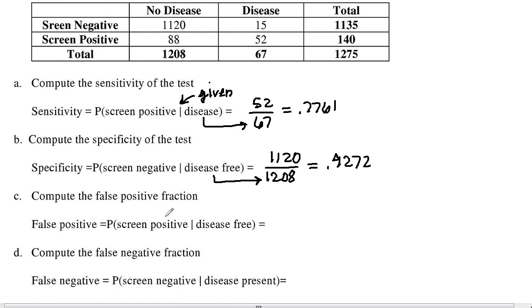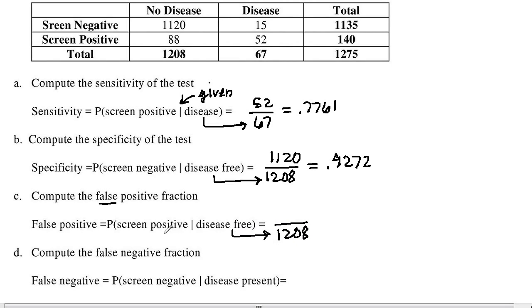And then they also ask us the false positive fraction. So false positive, remember, is the probability that they got a positive screen when they were disease-free. So the test did not give the correct result. They do not have the disease, but the test said they did. So it's given that they're disease-free. You can't have a false positive unless you don't have the disease. So that's, again, this 1,208. So our denominator is 1,208.